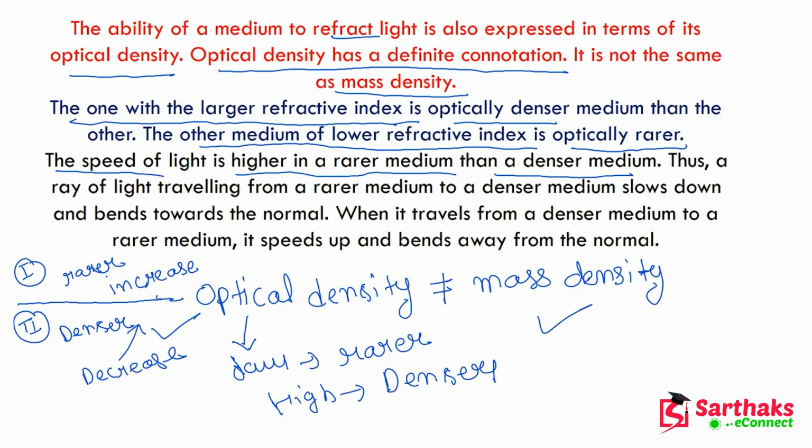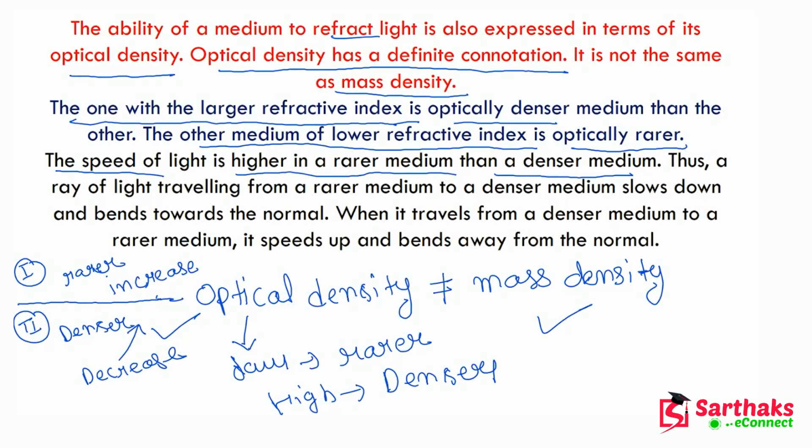So the same thing happens with light. When it travels in a rarer medium, its speed is increased, but when it runs in a denser medium, its speed is decreased. So this is the reason why light bends. Okay, so this is the reason for refraction, because of the difference between the speeds in the media.